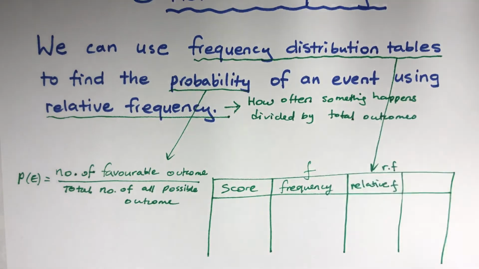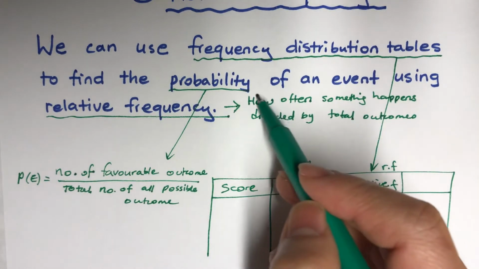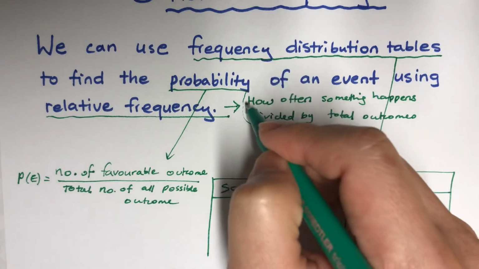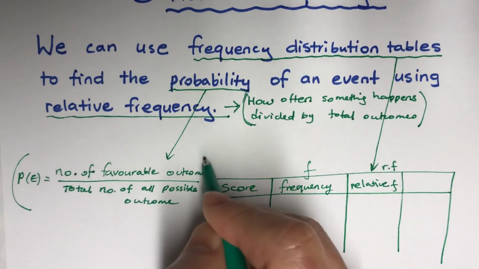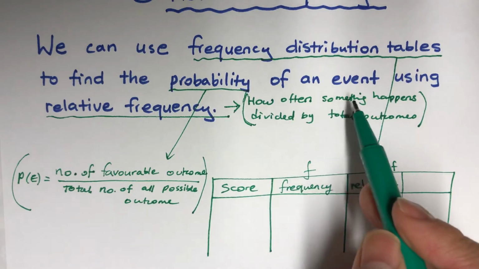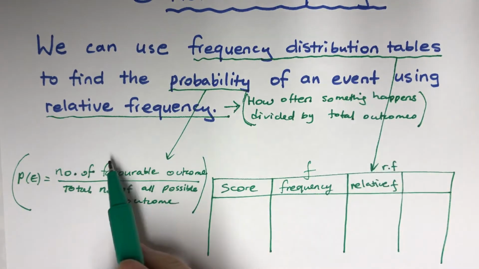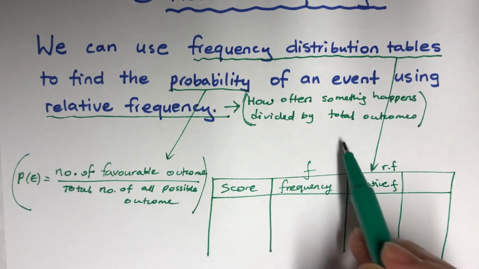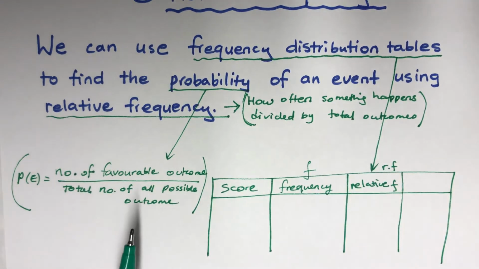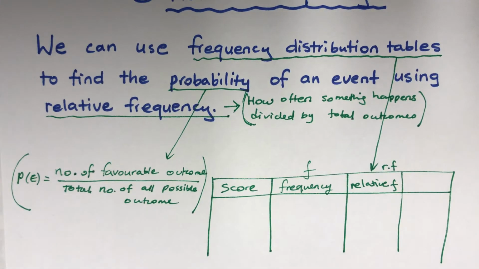Now if you look at this, that's very similar, almost the same as this, isn't it? How often something happens, that's a favorable outcome event, divided by the total outcomes. That's why if we can find the relative frequency, we can find the probability.